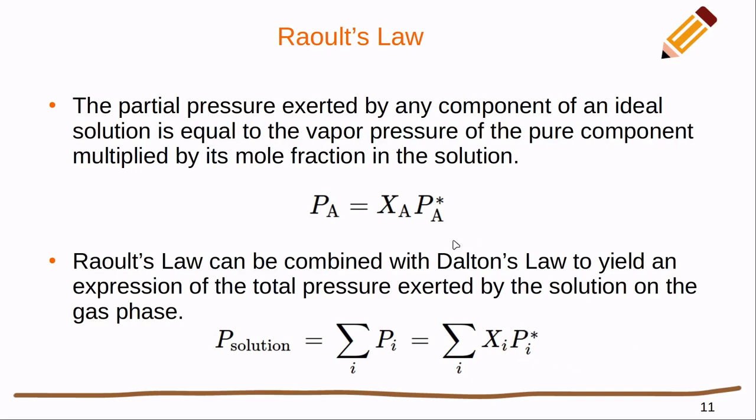Now I know that there are a lot of different symbols here, so we need to keep it straight. When I have an asterisk, I'm talking about the vapor pressure of a pure solvent. And when I don't have an asterisk, I'm talking about the partial pressure that we see in a solution.